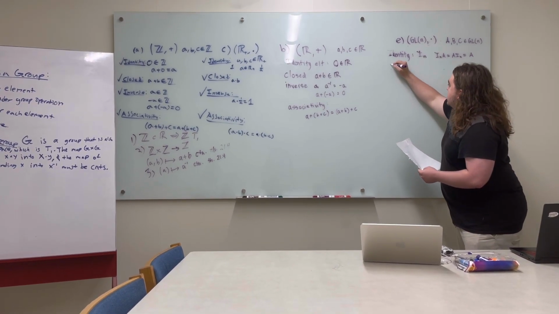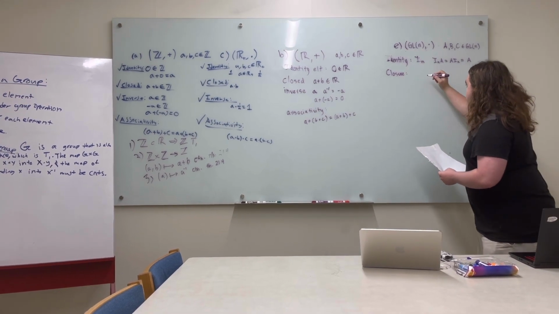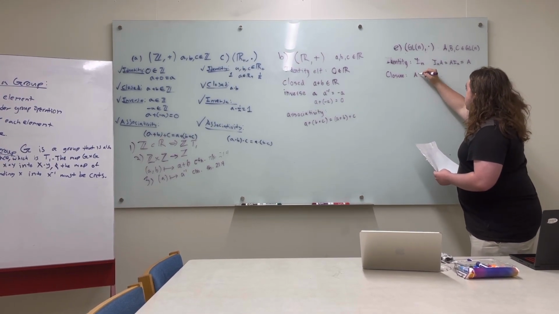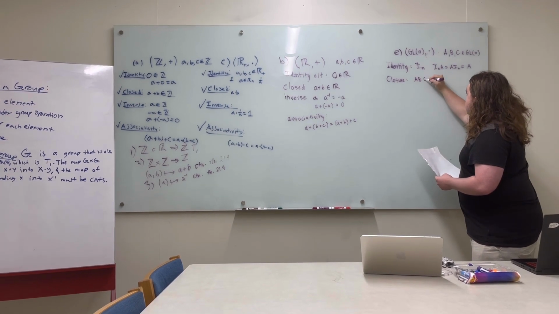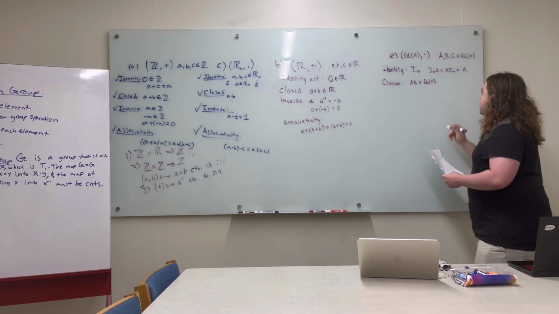Next we have closure. So we want to show that AB is an element of GLN.